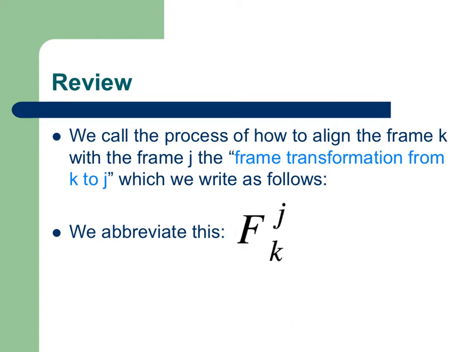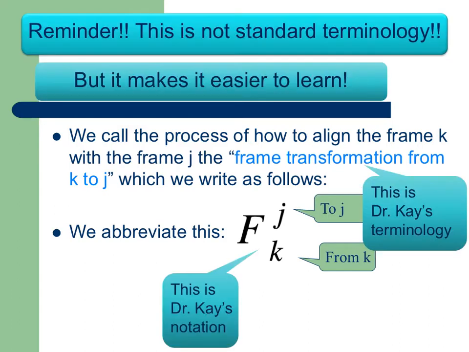It's not normal notation. I made it up, but I think it's helpful. And this is F from K to J. Just in case you weren't listening to me, this is not standard terminology. This is something that I made up, but I think that you will find it very helpful very soon.